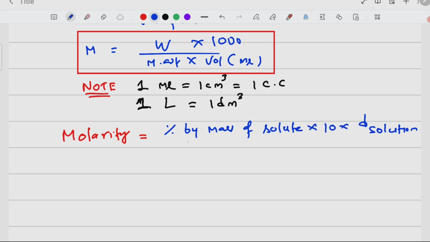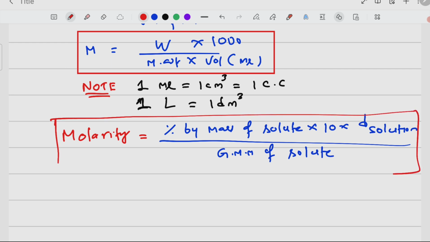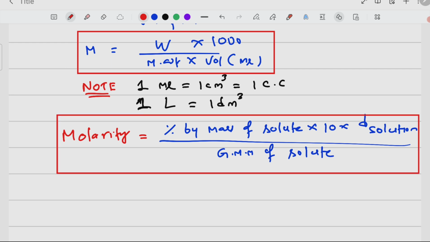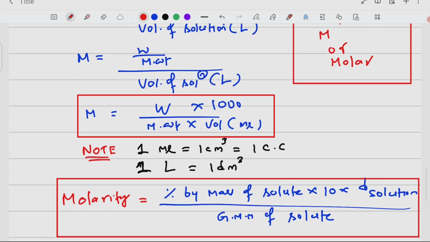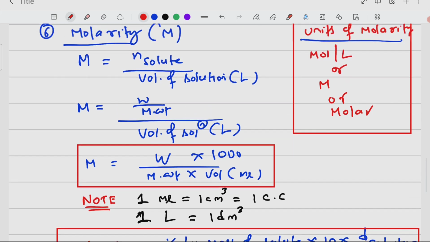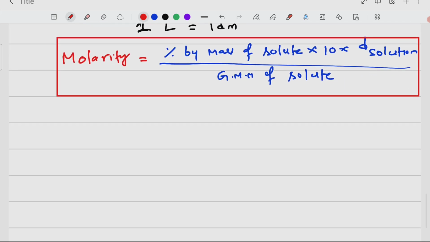Molarity is equal to percentage by mass of solute into 10 into density of solution, by gram molecular mass of solute. So an important formula, one more we are going to use in the upcoming lecture for calculation purposes.